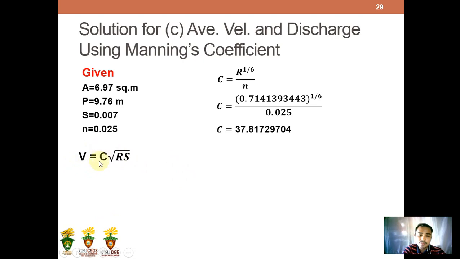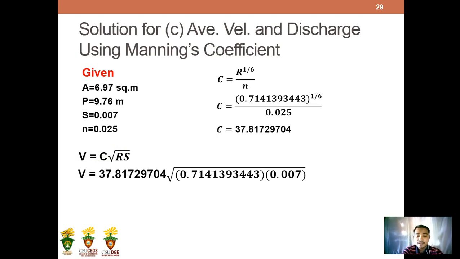V is equals to C, which is the Manning's coefficient, times the square root of R times S. Substitute its values, V is equals to C, and our C is 37.81729704 times the square root of 0.7141393443 times 0.007. So we can have the value for velocity to be 2.67381272 meter per second.